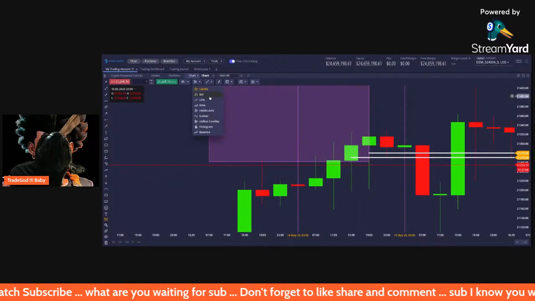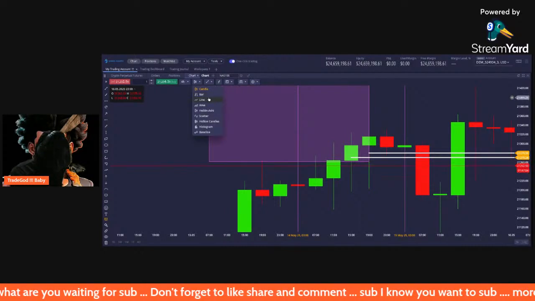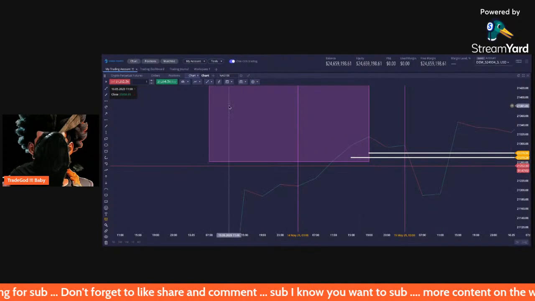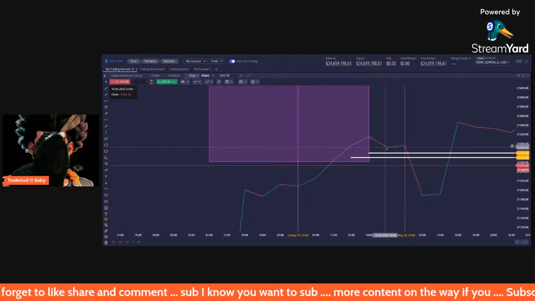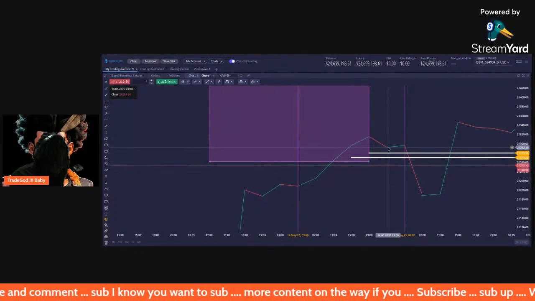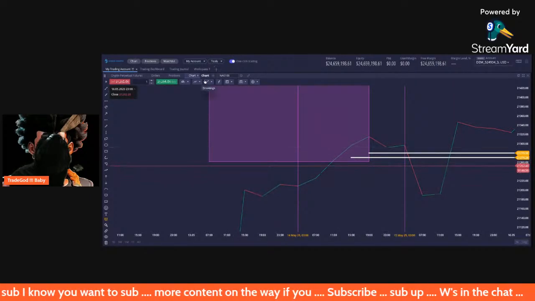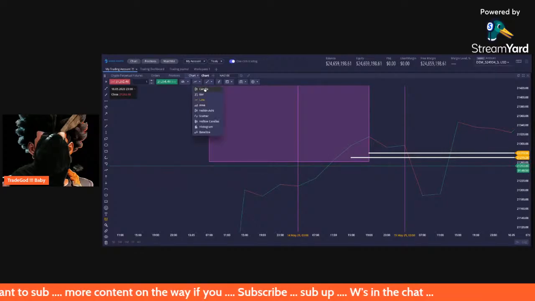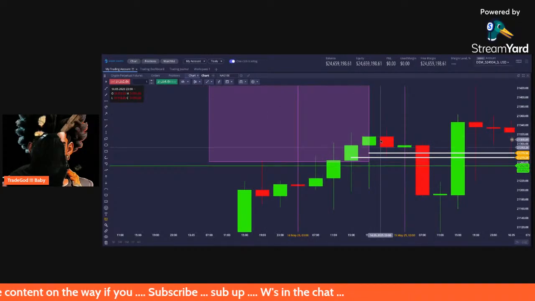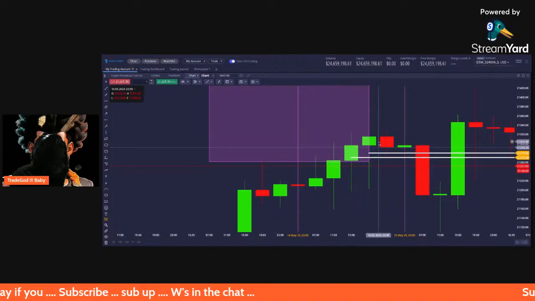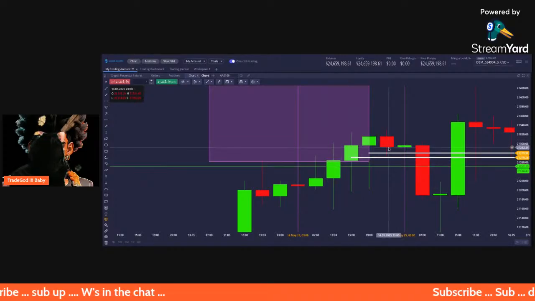I mainly look at the charts with a line. So it closed above right there. Closed above right here in this candle.